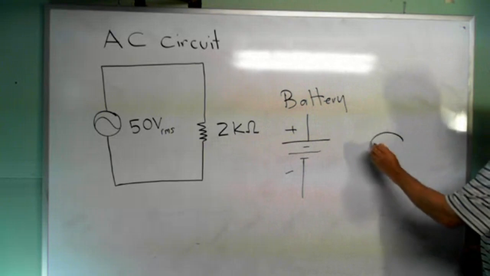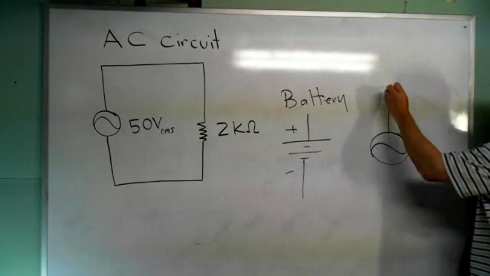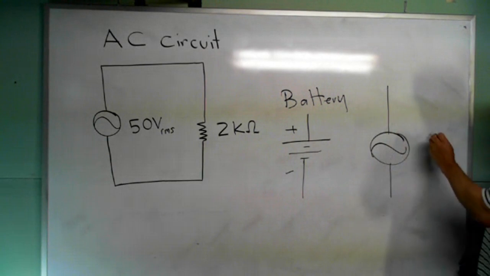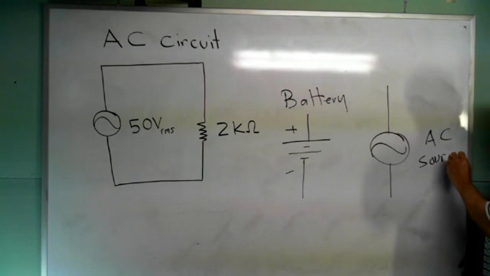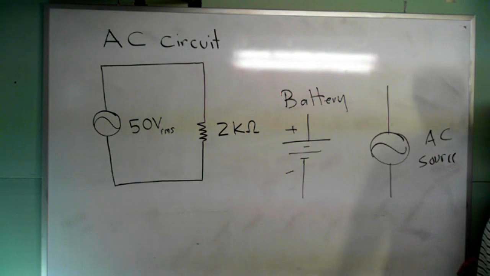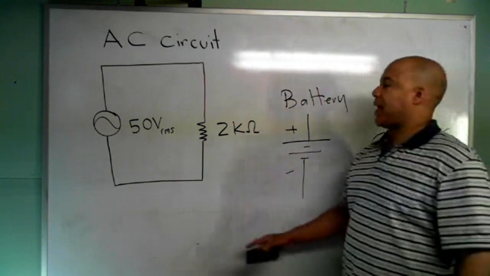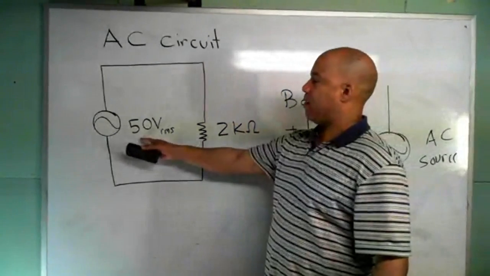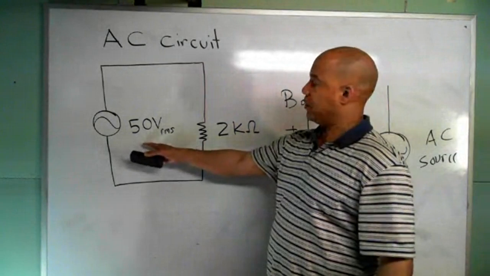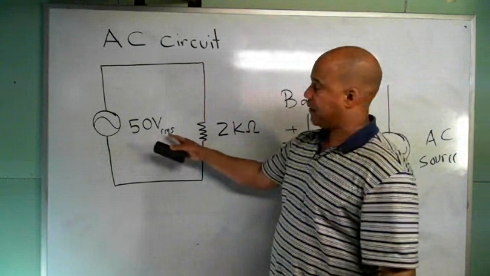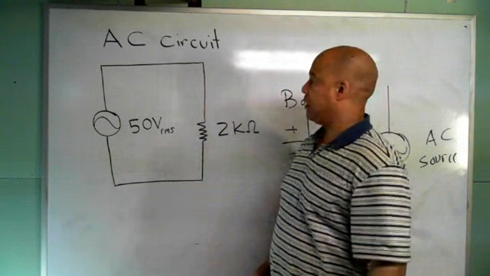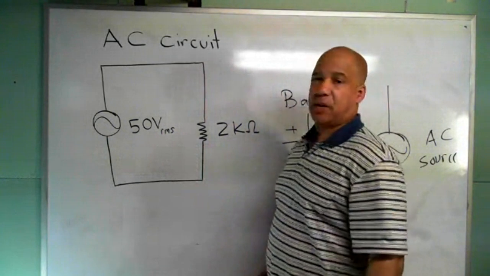But what you have over there is an AC source, in this case an AC voltage. I have an AC power source, and the value is 50 volts. That's 50 volts RMS.